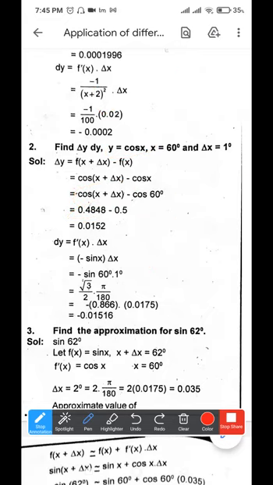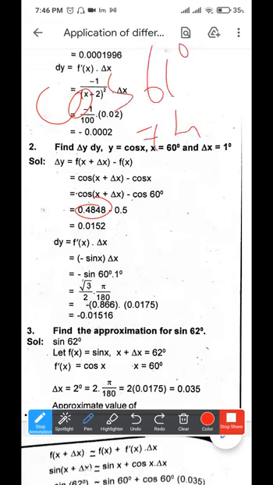But what we can do is take this, and still you have to remember this value. Cos of 61 degree is equal to 0.4848. Subtract these two and you will get the answer as 0.0152. Okay.